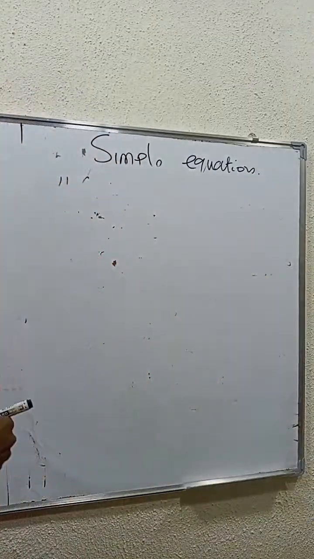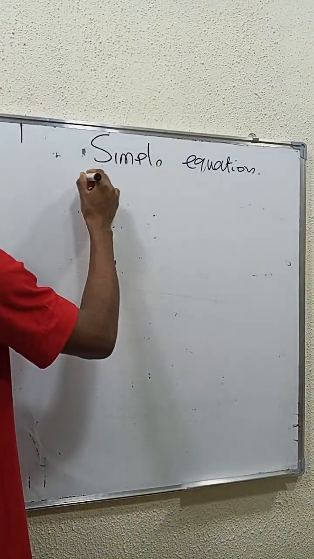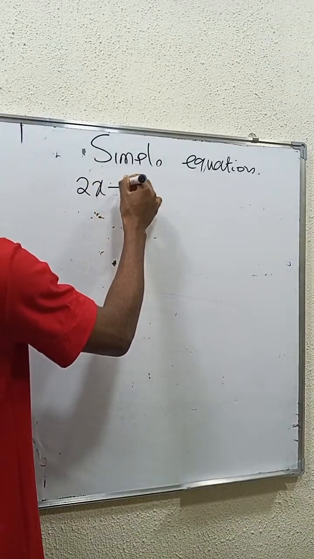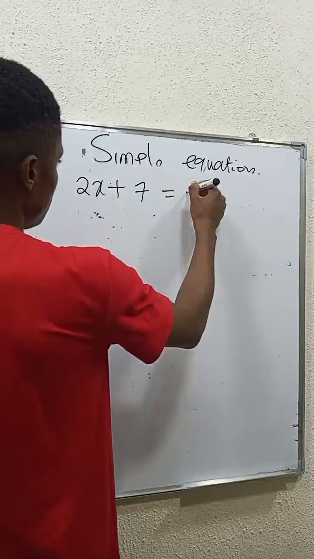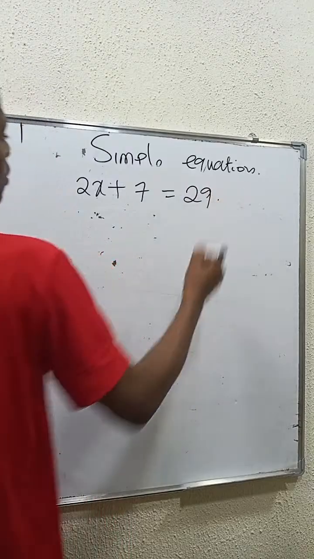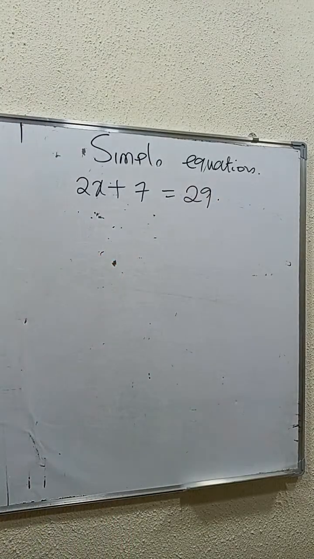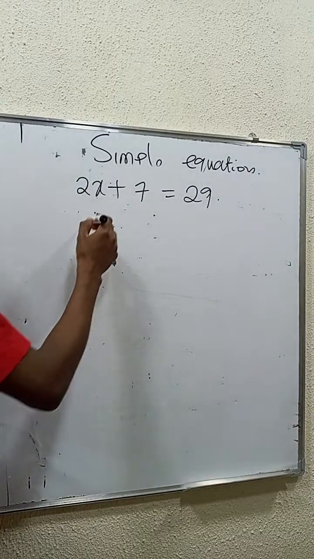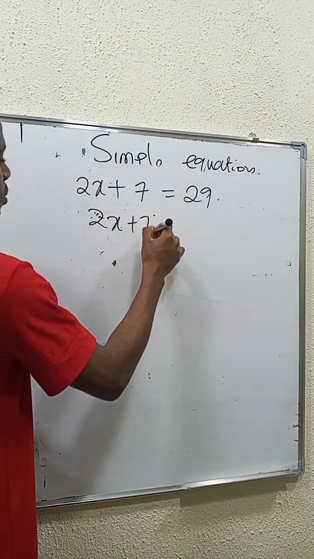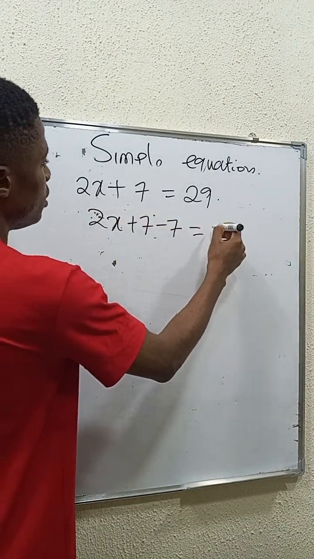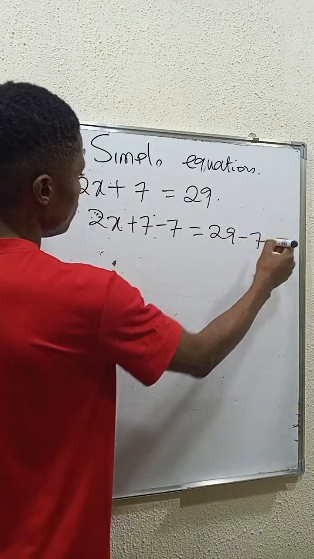Remember, the first one we started with is simple. Let's say we have 2x plus 7 is equals to 29. We started with this on how to solve simple equations. So this is 2x plus 7, take away 7, is 29, take away 7.